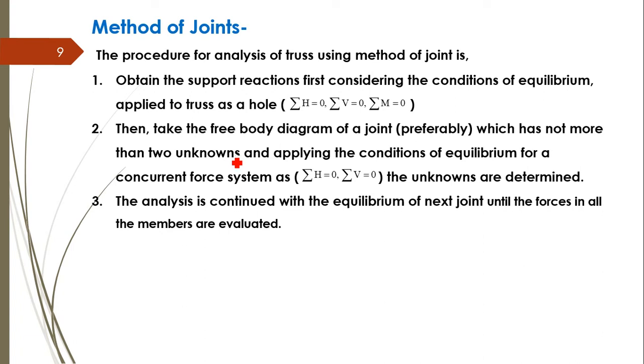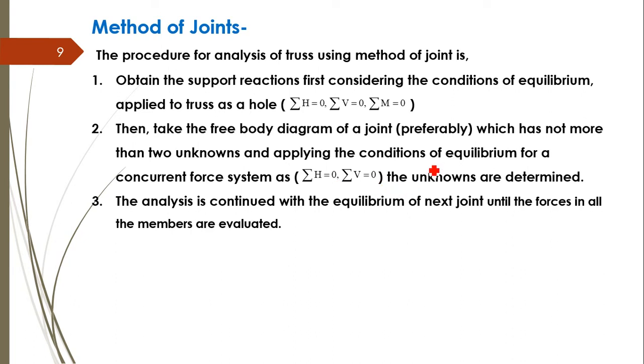So when we start drawing the free body diagram for the joints one by one, we first consider the joints having not more than 2 unknowns, and apply the conditions of equilibrium for a concurrent force system: summation of horizontal is 0, summation of vertical is 0, and the unknowns are determined.